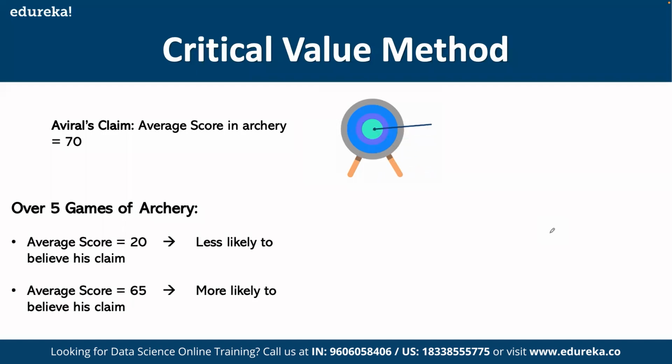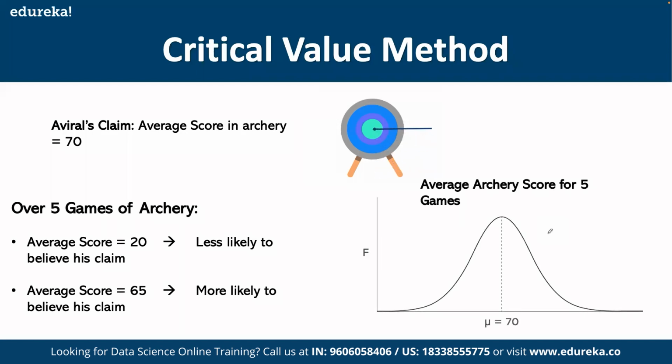Over 5 games of archery, this is how the data is. If the average score is 20, then it is less likely to believe this claim. If the average score is 65, it is more likely to believe his claim because this is much closer to the value of 70. So we have a claim that is 70.